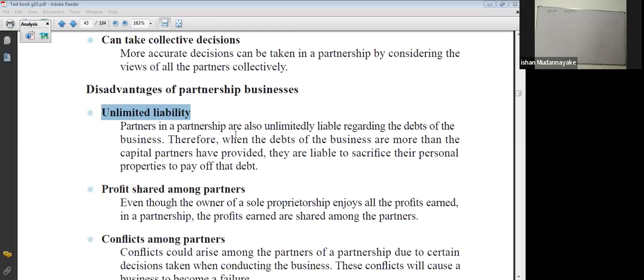The simple meaning is that if the business cannot pay a bank loan, partners need to bring cash from their homes to settle it. Partners may have to sacrifice their personal properties to settle business loans. That is one disadvantage.